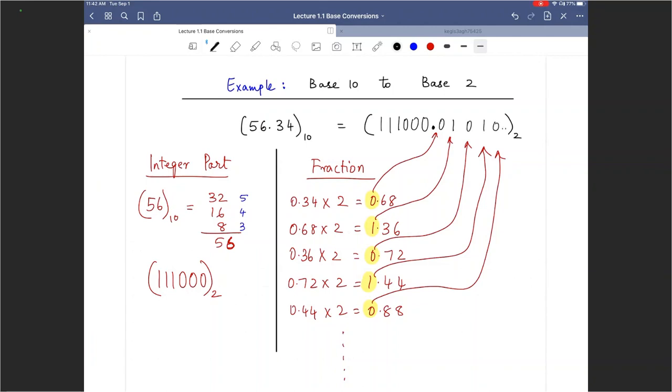It can keep going. So in some cases, we might have to limit the number of digits that you have for the fraction part and the integer part, right? But the process was what? Multiply by 2, keep recording integer part of result.